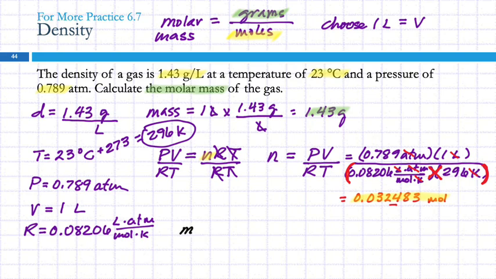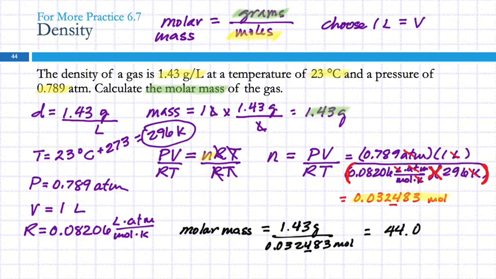So the molar mass equals the mass in grams, which was the 1.43 grams, divided by the amount in moles, and the units there are grams per mole. So the molar mass is 44.0 grams per mole.